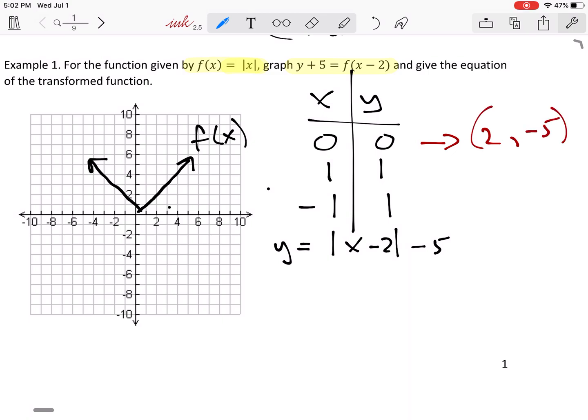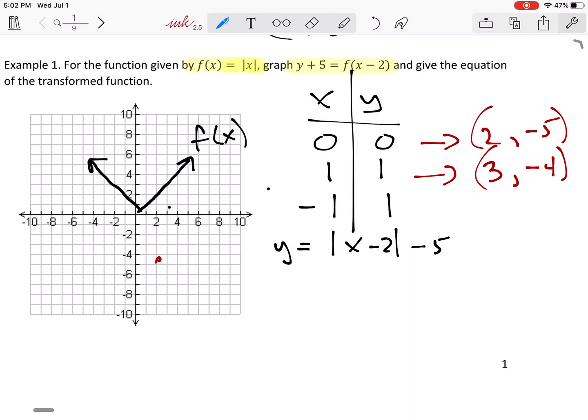Okay, and so what you can do now is you can go to 2 and -5, and you can put a coordinate here. Okay, and then 1, 1, that's going to be, again, going to the right 2, so that'll be 3, and then going down 5, so that'll be -4.